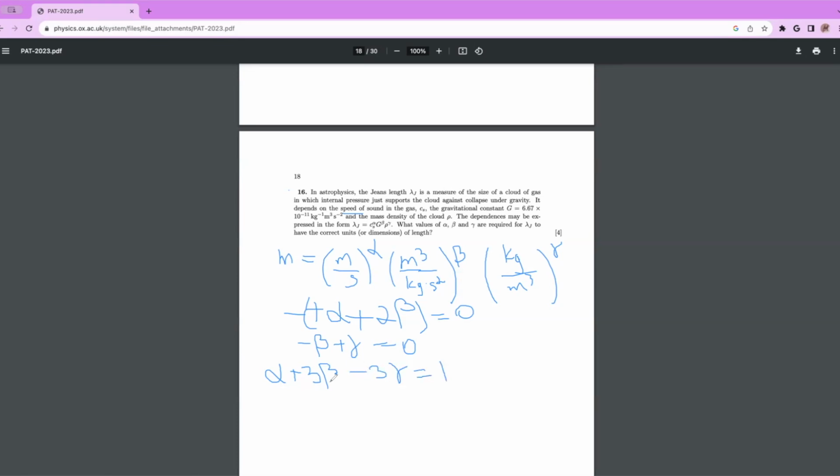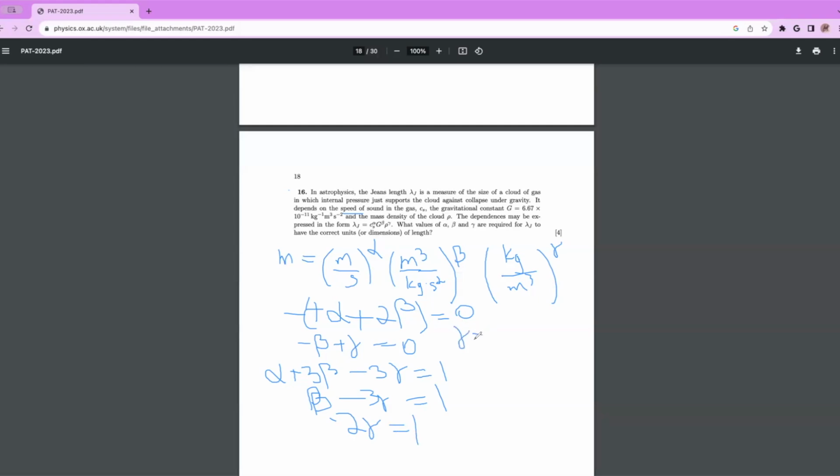So alpha plus 2 beta, as we see here, is actually 0, which means from here we can take out a factor of alpha plus 2 beta, and we'll be just left with beta minus 3 gamma equals 1. But you'll see that beta is equal to gamma, which means this is actually just -2 gamma equals 1. And this gives us our answers.